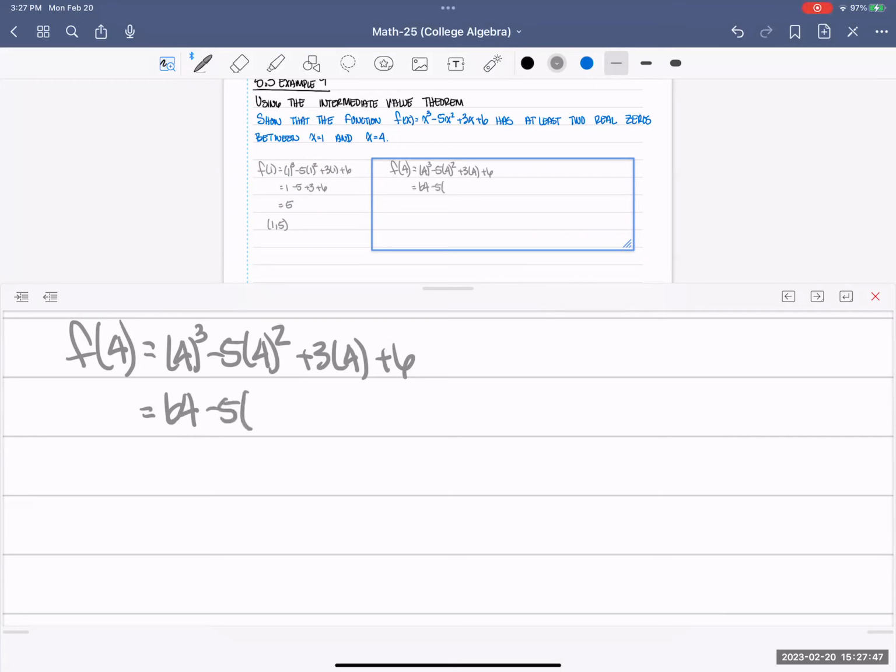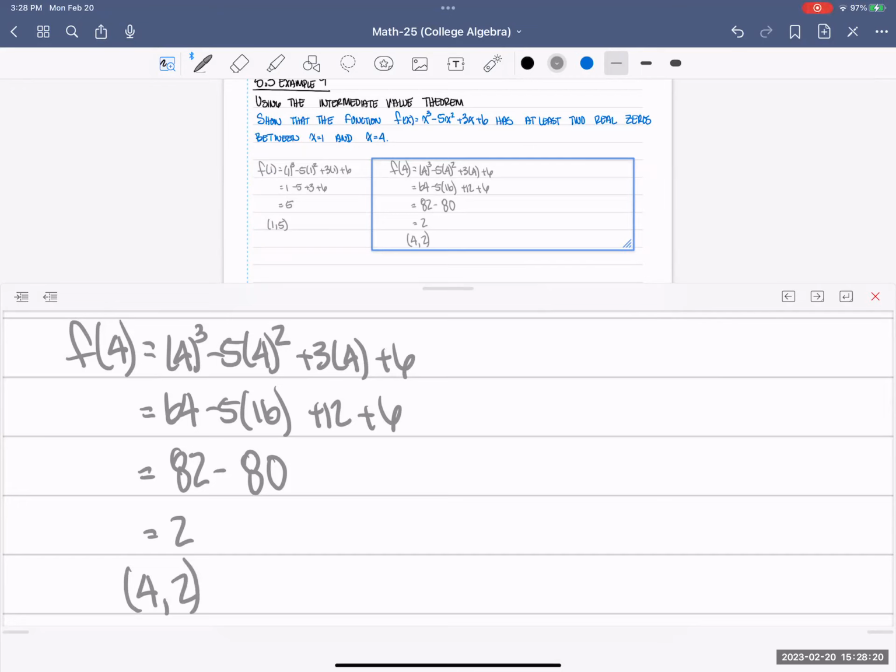Minus 5 times 4 squared, which is 16. Plus 12 plus 6. So 64 plus 12, 64 plus 6 is going to be 70, 82. Minus 5 times 16, that's 80, which gives us 2. So when x is 4, y is 2.